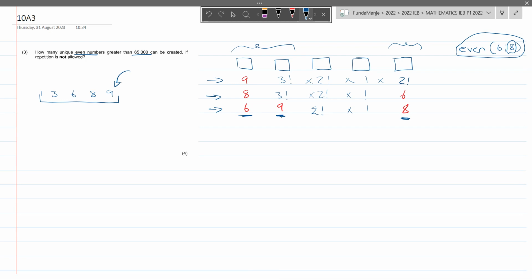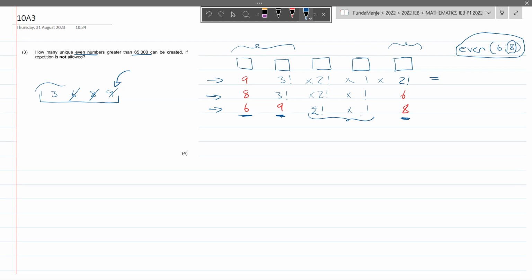So we're presetting 3 values, which decreases the amount of variation we can have. The only variation will come from these two numbers. So 6, 9, and 8 are being used, which means we're only left with 1 and 3. So we can either have 1, 3, or we can have 3, 1. That's the only variety or unique codes that can come from this.